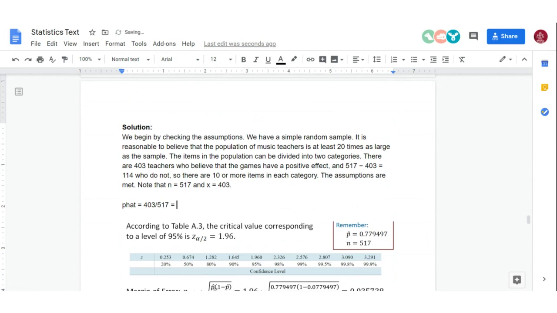And like I said, if you calculate that out with the calculator, you're going to get a proportion. That's why it's called p-hat. The p stands for proportion. And we want to find the confidence interval of the population proportion. So 403 divided by 517 gives us what they've got down there.